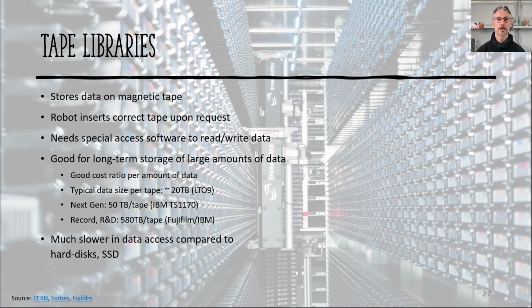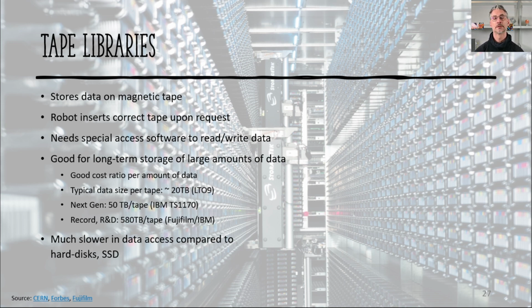If you have a lot of data, you will also need to have backup. Typically, we still do this on magnetic tapes, and we have large robots that insert the correct tape upon request. So we also need special access software to read and write the data, and tape libraries have the advantage that they're very good for long-term storage of very large amounts of data.